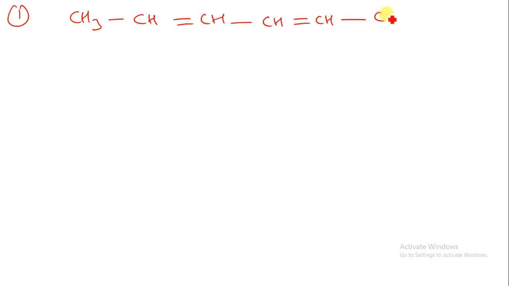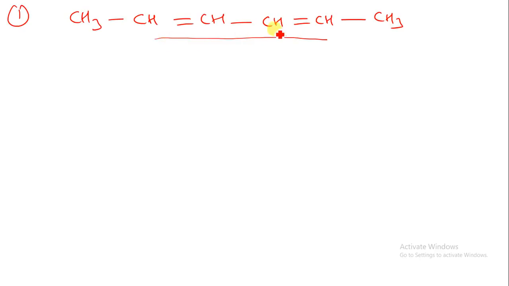Let us start with our first example, that is the simplest one: CH3, CH double bond CH, single bond CH double bond CH, single bond CH3. As we can see, this is only a simple butadiene system, so here we can say 1,3-butadiene.